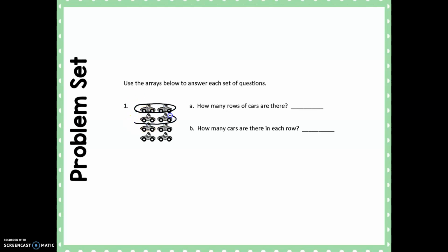So 1 group or row, 2, 3, 4. We have 4 rows. Now, how many cars are there in each row? I see 1, 2, and they're all equal groups, so each row has 2 cars. So that's number 1.